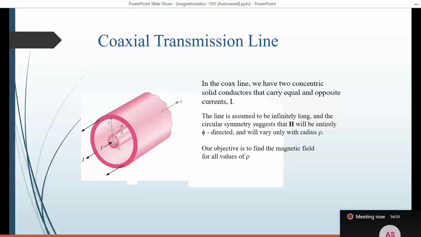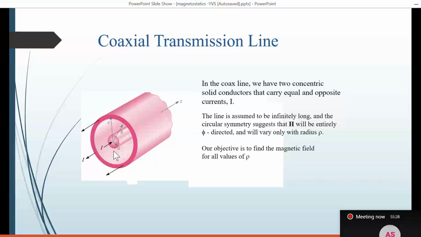So for this kind of coaxial cable, we have to determine what is the magnetic field inside it and outside it. So this is the application of Ampere's law. We can find the intensity at various points inside the cable and outside the cable. The cable has two concentric solid conductors. The middle one is also solid, or it may have different small conductors stacked together, and the line is assumed to be infinitely long.